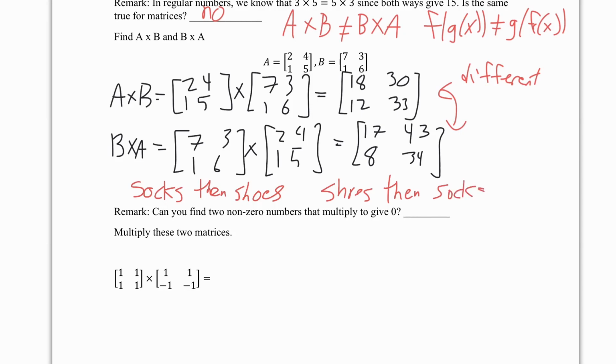Well, you're going to look a little bit ridiculous, because now you've got these socks over top of your shoes, and people are going to think you're weird, and you don't look like you're ready for the day, because socks then shoes is not equal to shoes then socks. They don't go in either order, and just like shoes and socks would be a little bit weird instead of socks and shoes, the same thing is true for matrices. You can't switch the order and expect to get the same answer.